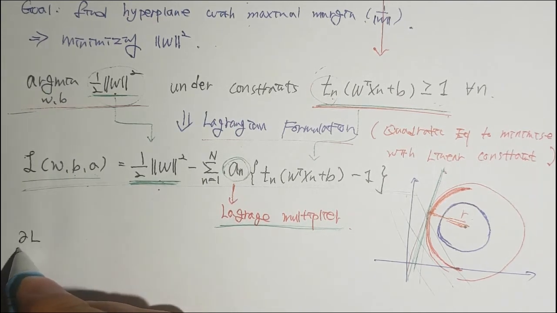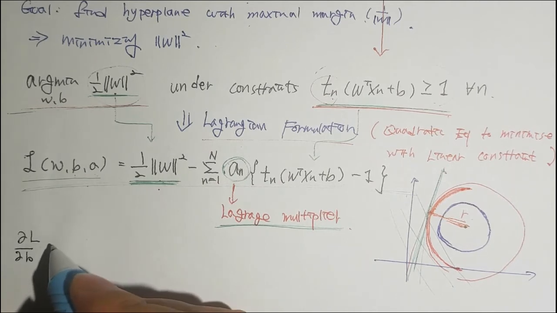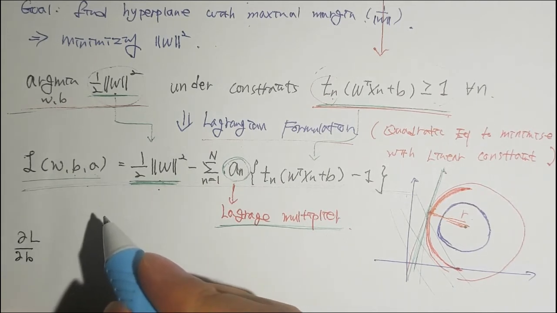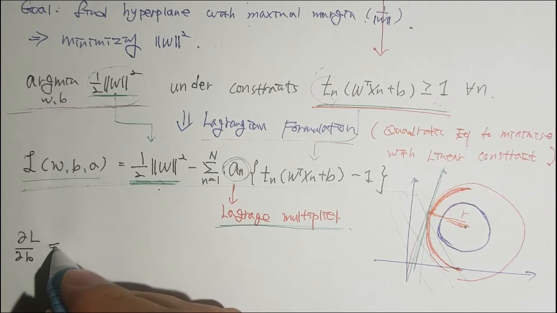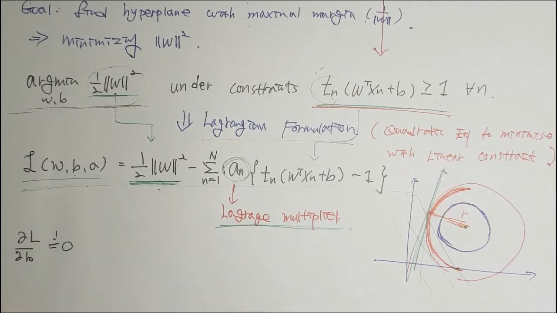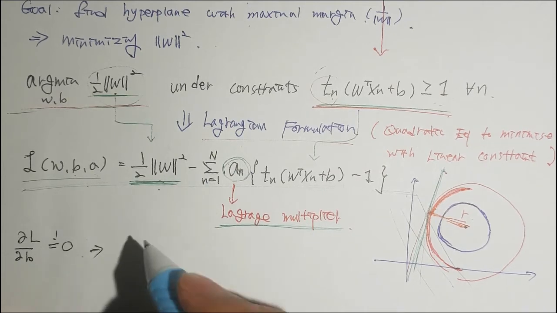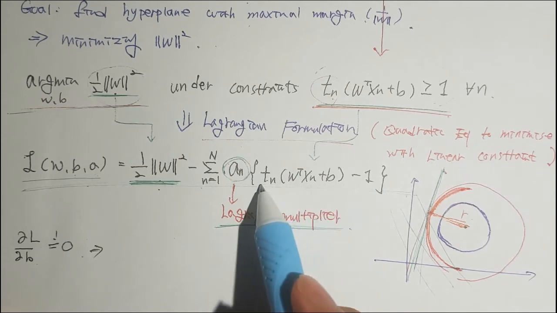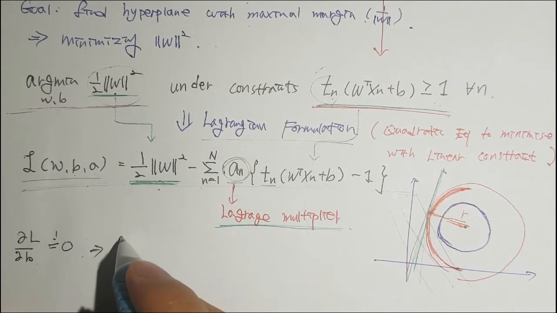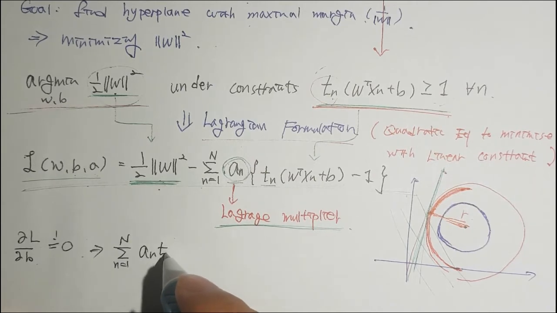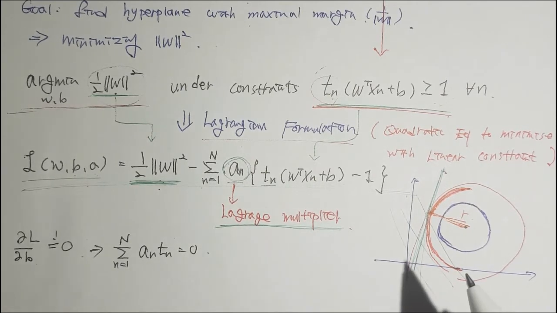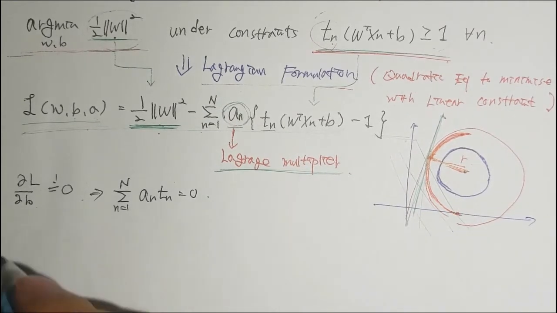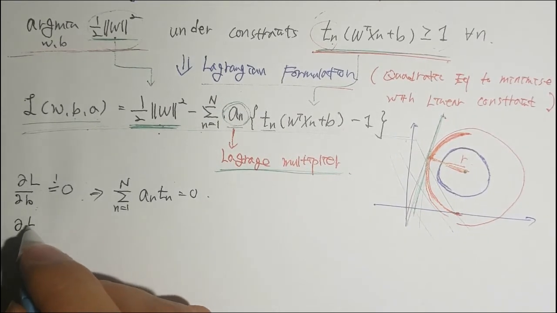Then Lagrangian L, the derivative with respect to b, and let's find the point where it is 0. Because for b we only have this term and this term, right? Therefore it will be 0.